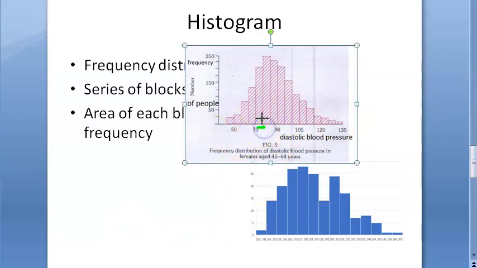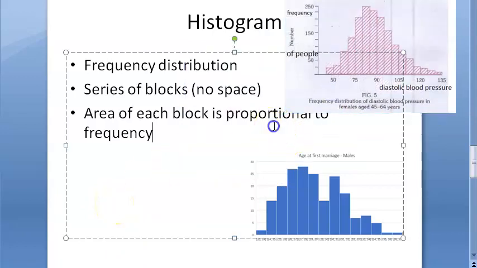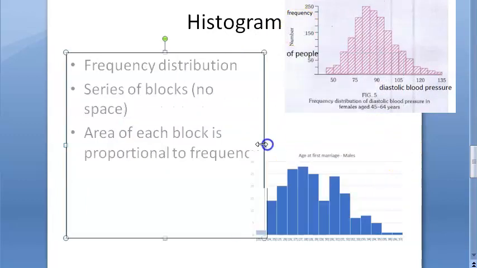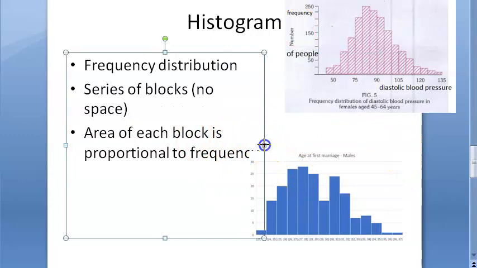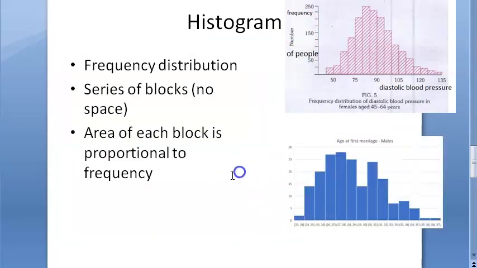The frequency is being decided by the height. So here also it's kind of length only, but anyways, here you will say the area of the block is proportional to the frequency.